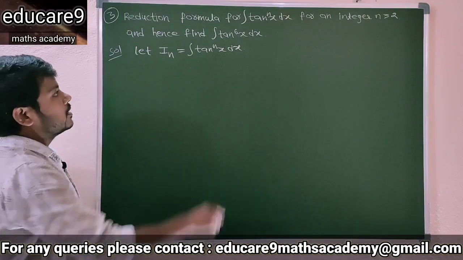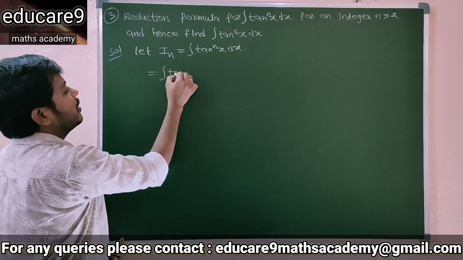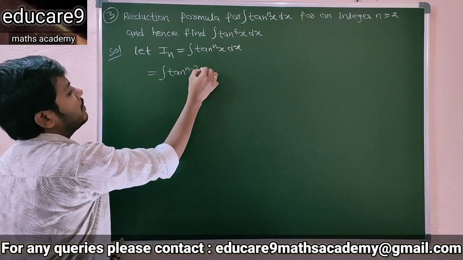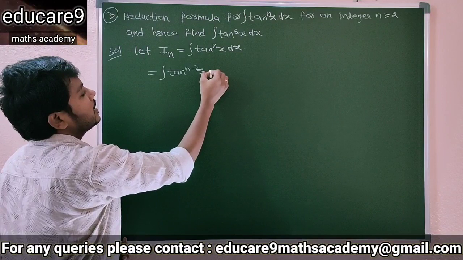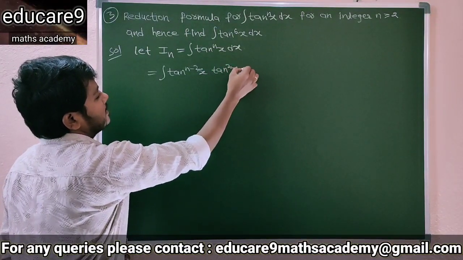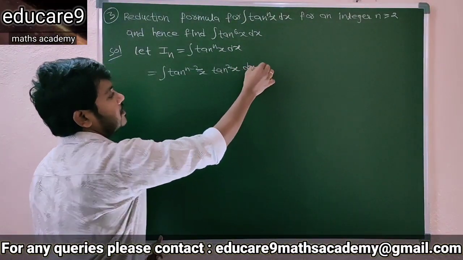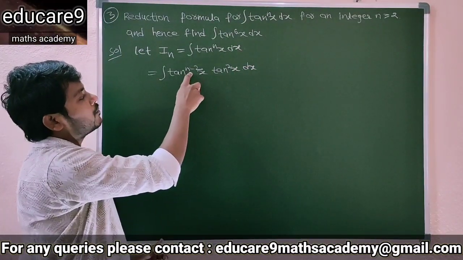See here, this tan^n x we write as the integration of tan^(n-2) x into tan^2 x dx. Here the power is n minus 2.